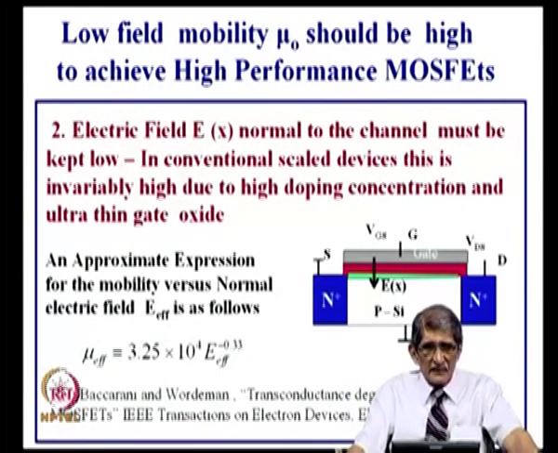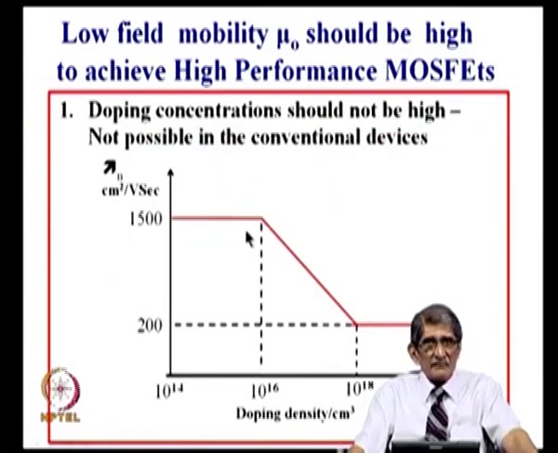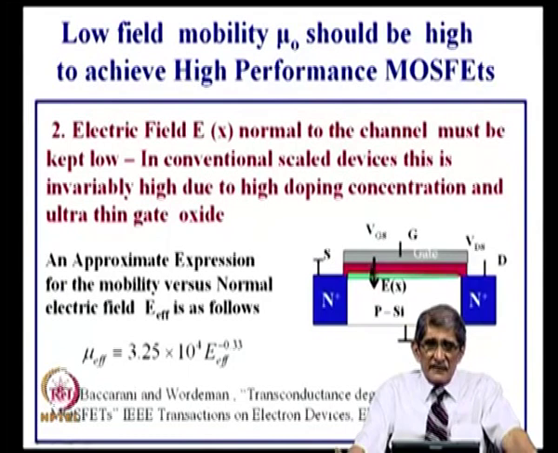You can go to mobilities which are as high as 10,500 in silicon. If you use some other material, you can have mobilities decided by the mobility of the electrons in that material. And also, if you reduce the doping concentration here, the depletion layer charge gets reduced.